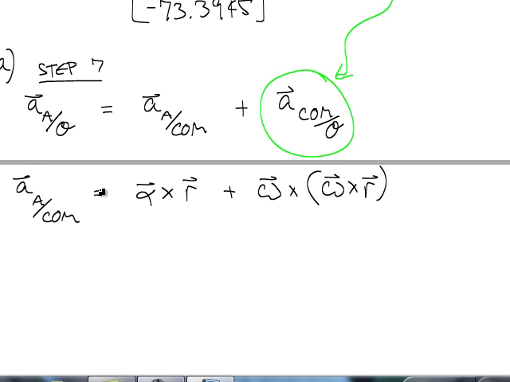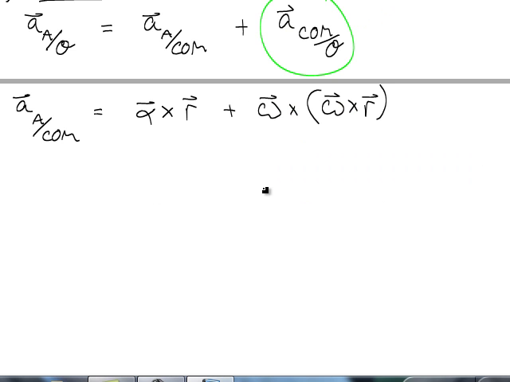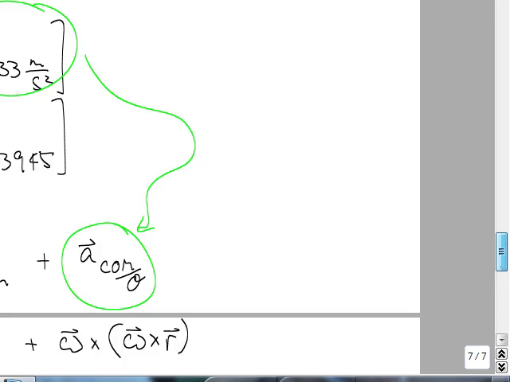Okay, so alpha we have. What's R going to be for that point A? 0, negative 0.5, 0. And what about omega? That's one of the initial conditions you're going to have to get, and I said that this is at rest at that instant.